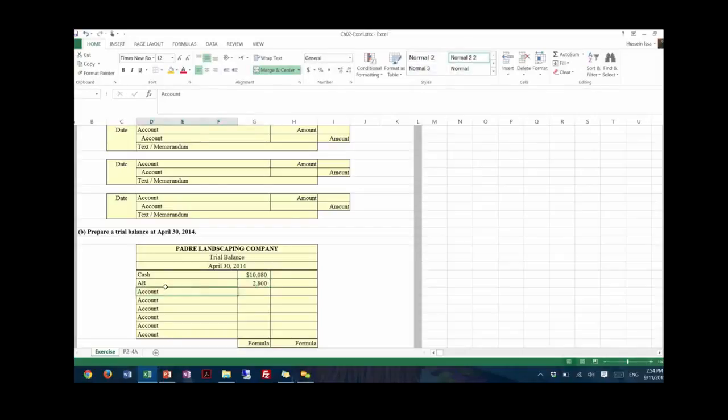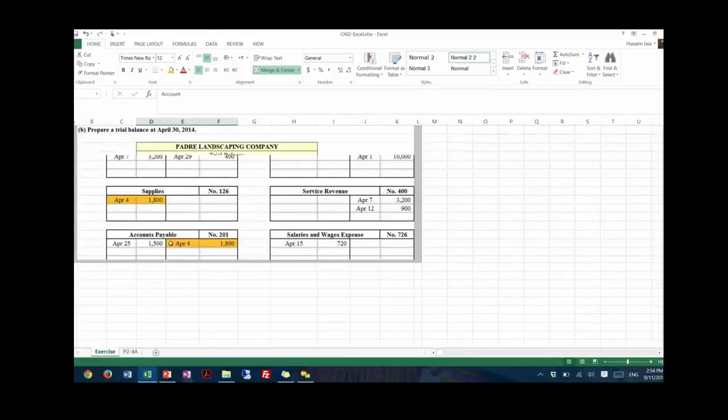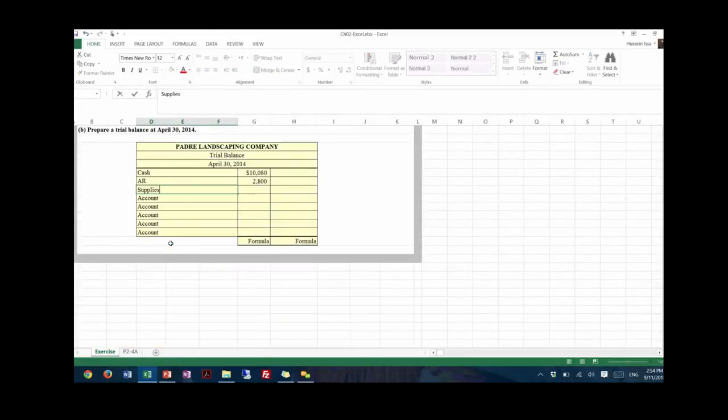Next is supplies. The balance is 1,800. So this is supplies, 1,800, etc. And then at the end you have here total debits, total credits.